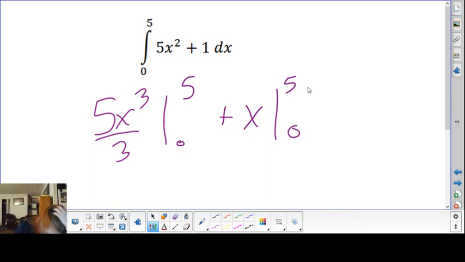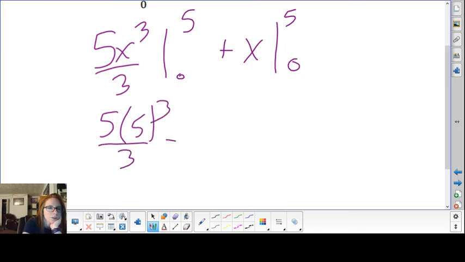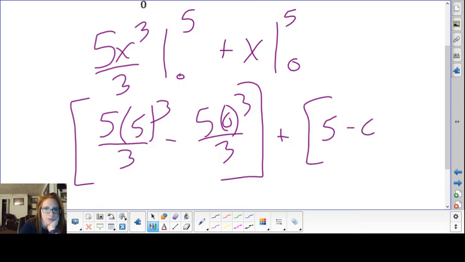So when I go and do that, I have 5 times 5 cubed over 3 minus 5 times 0 cubed over 3, plus 5 minus 0.